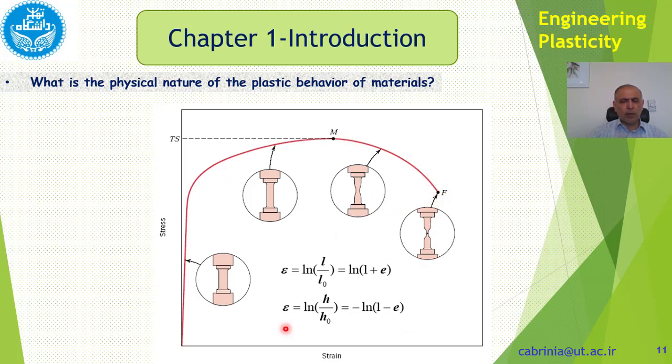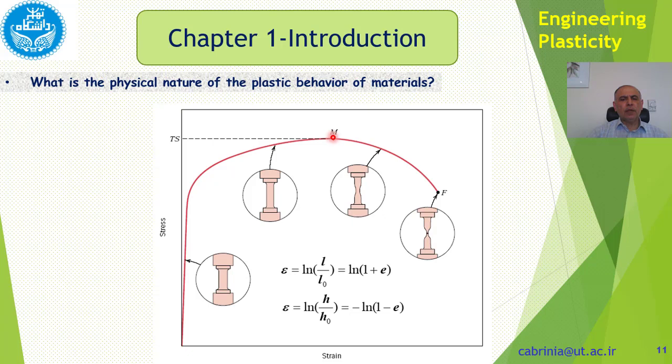The area under this curve, of course, is sigma times epsilon, and that is F times L divided by the volume. So F times L is the work or energy. So the area under the curve is the energy.